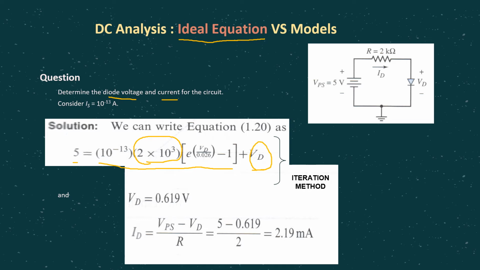Or another method is some kind of iteration. You put all the data into software or MATLAB, then do iteration, and eventually you get VD equal to 0.619 volt in this case. Obviously once you get VD, substitute into the KVL equation and you get ID, which is 2.19 milliampere.